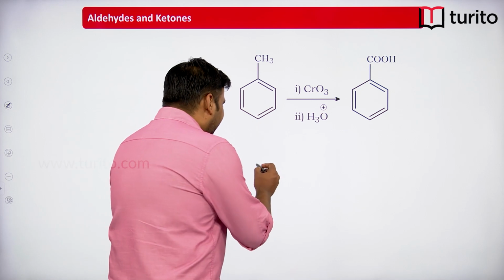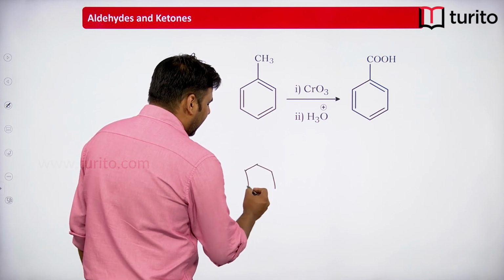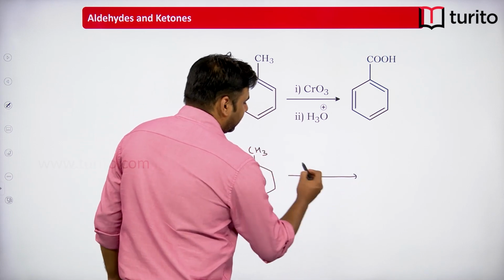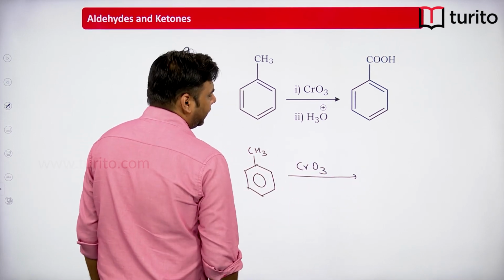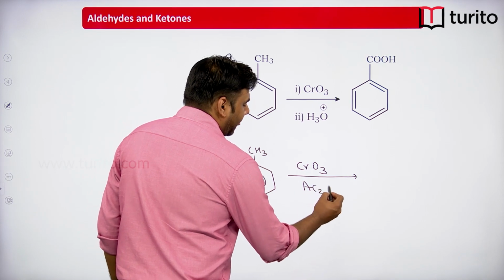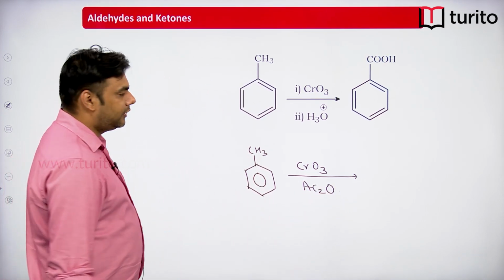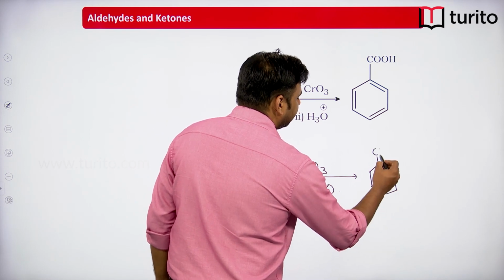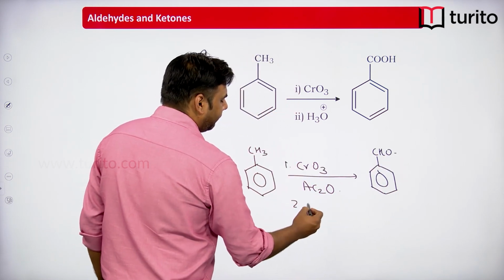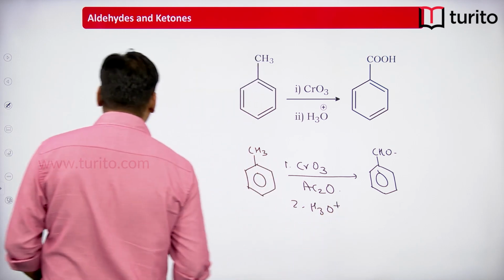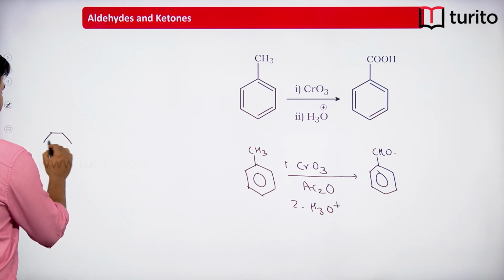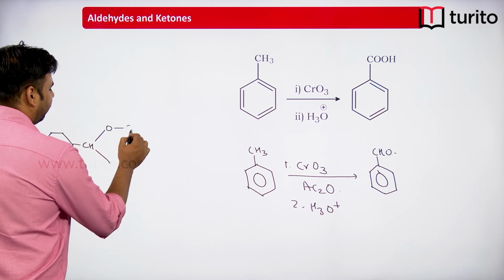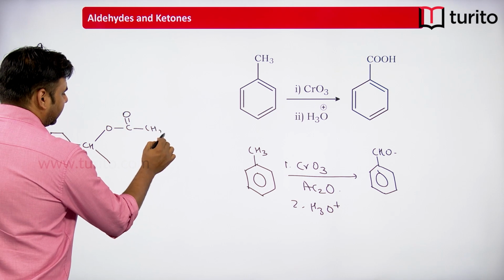Similarly, if we take toluene and add chromium trioxide to it, along with acetic anhydride, and again we hydrolyze, in this case we also form benzaldehyde. What happens in this reaction is, first the toluene reacts with acetic anhydride and forms an ester.